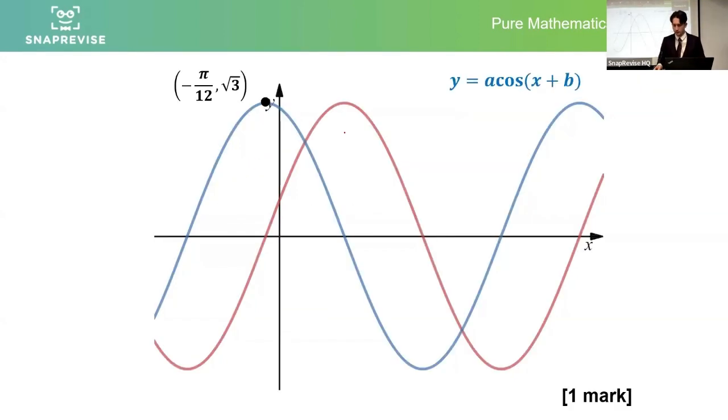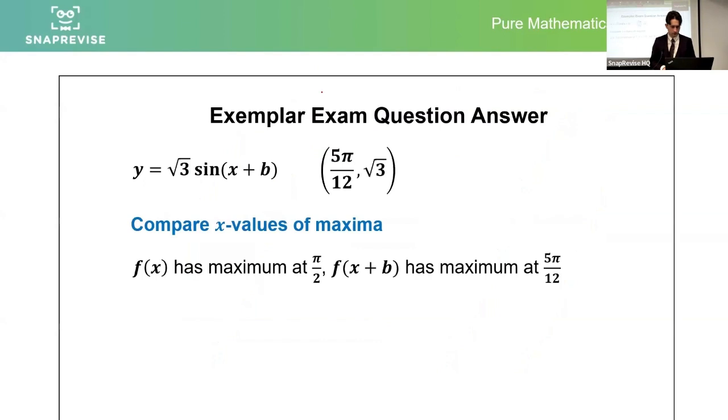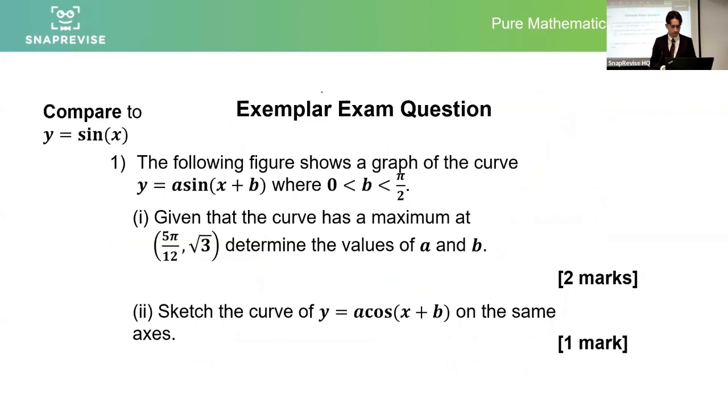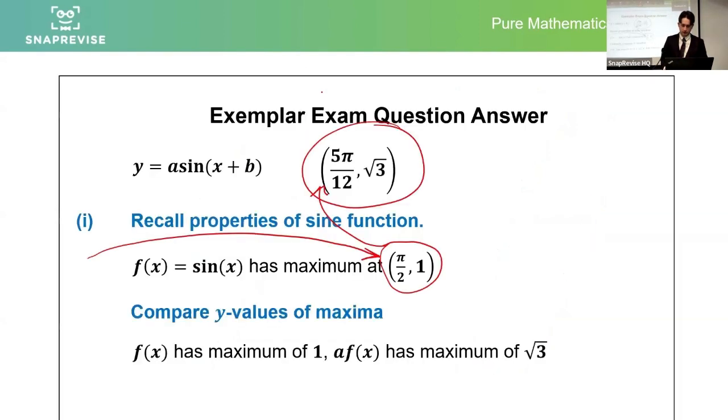Yeah, so what we'd have here is it's going to have moved that way. Okay, so comparing that, let's look at what the original question was. So sketch A cos x plus b on the same axis. So we now know A and we now know B. So it's the same shift, but to the cosine graph.